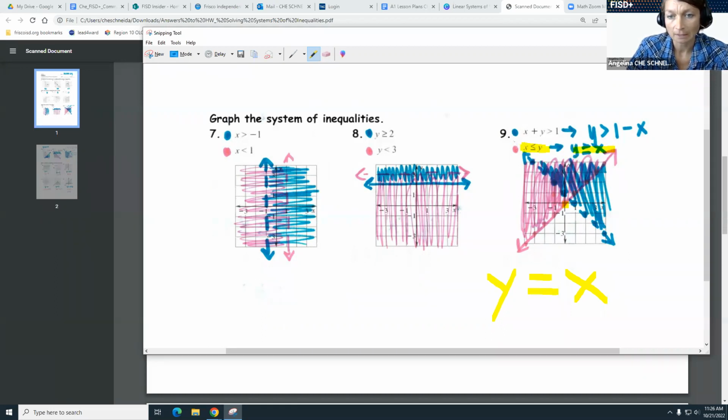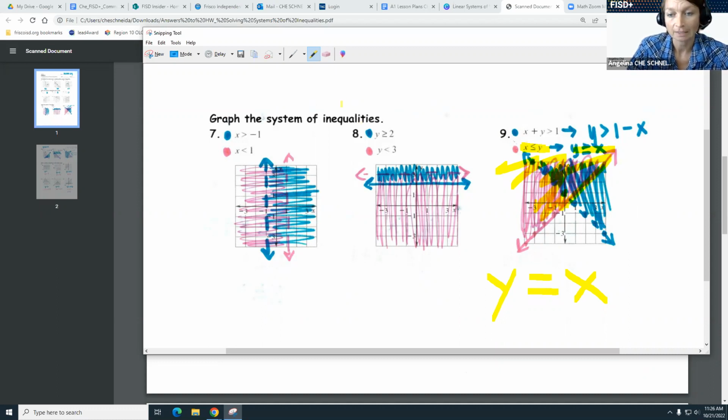As long as you say, oh yeah, 0 is less than or equal to 5. That's true. Or in reverse thinking, 5 is greater than or equal to 0. Yes, that's true. So therefore, I would shade right there where the point is actually present.